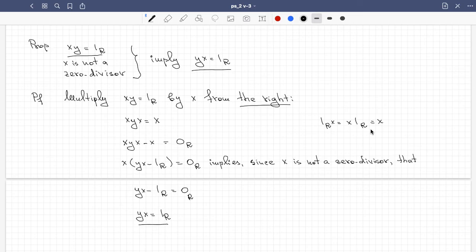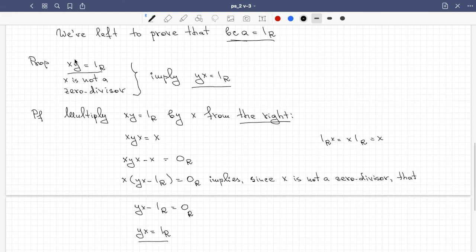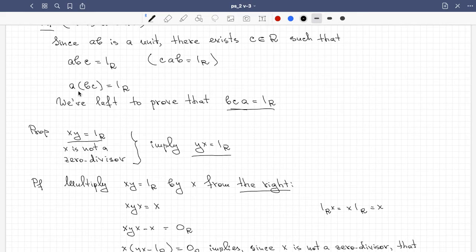and we could multiply from the right but factor out x from the left. So we proved that we can switch this under the condition that x is not a zero divisor, and that is exactly what we wanted to prove here in order to get that A was a unit.